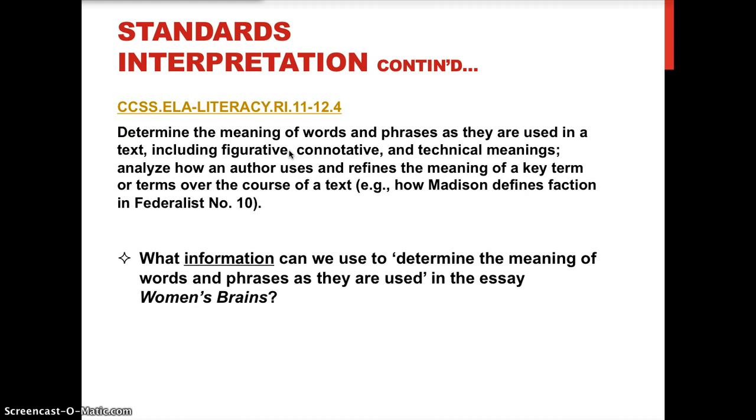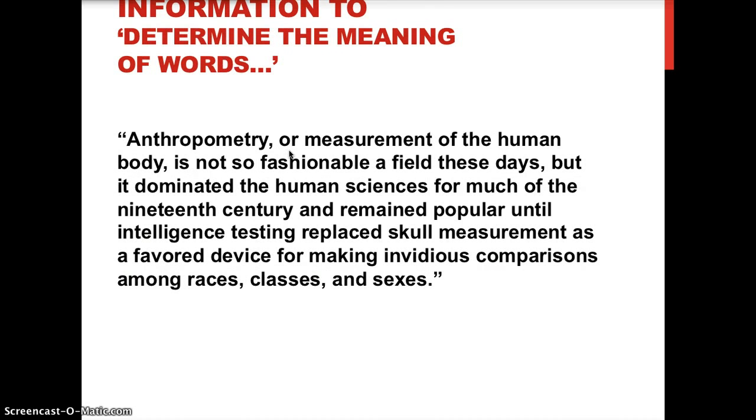Okay, so standard 11-12.4: determining the meaning of words and phrases as they are used in a text, including figurative, connotative, and technical meanings. Analyze how an author uses and refines the meanings of a key term or terms over the course of a text. So my question: what information can we use to determine the meaning of words and phrases as they are used in the essay Women's Brains?